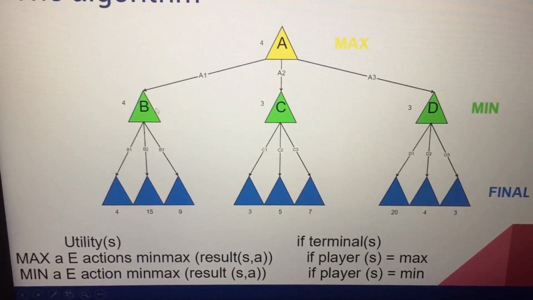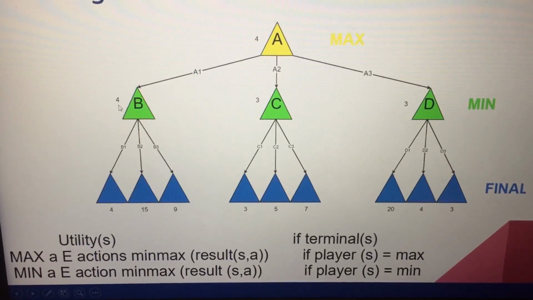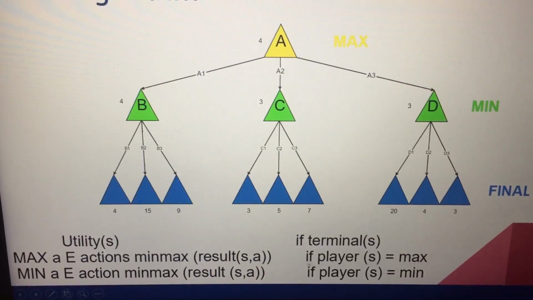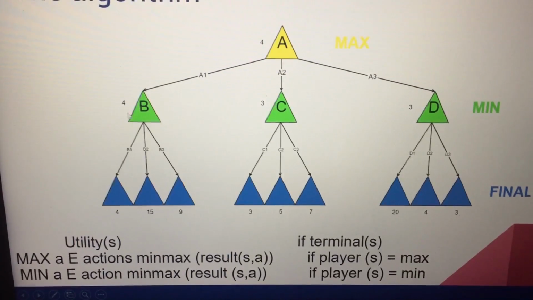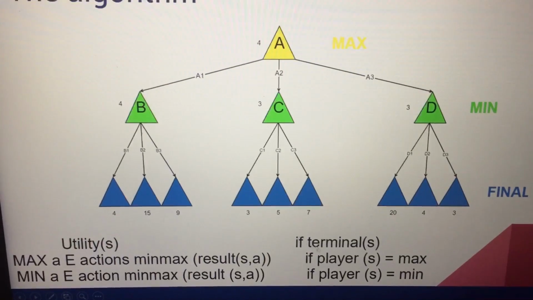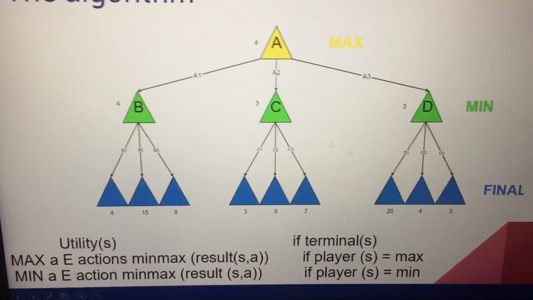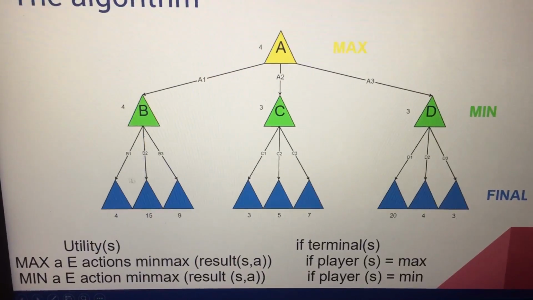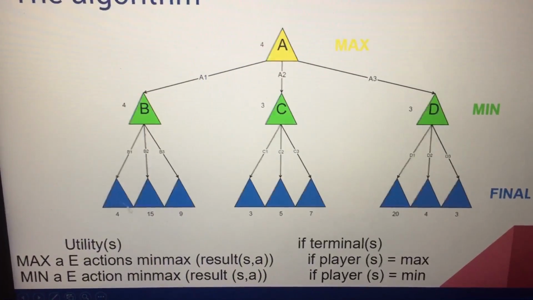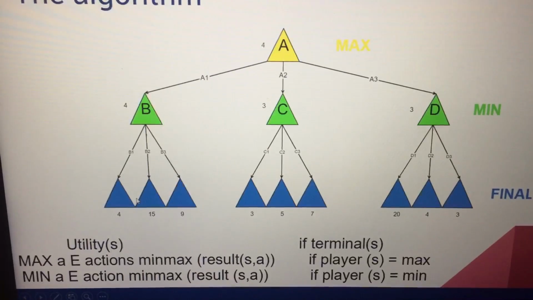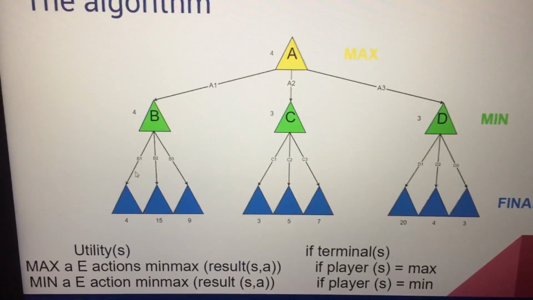So we go with B. Is this a terminal state? No. Is the player max? No. Is the player min? Yes. So I want to return the minimum value of all possible moves during this state. So I go with the B1 move.